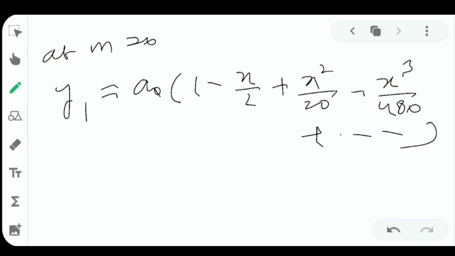And at m equal to 1 by 3, we need to put m equal to 1 by 3. I already calculated a1 in my rough copy, that's why I am just putting the value. If you want to calculate, then you calculate at your home.